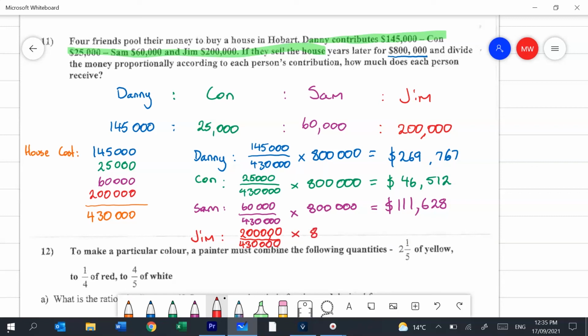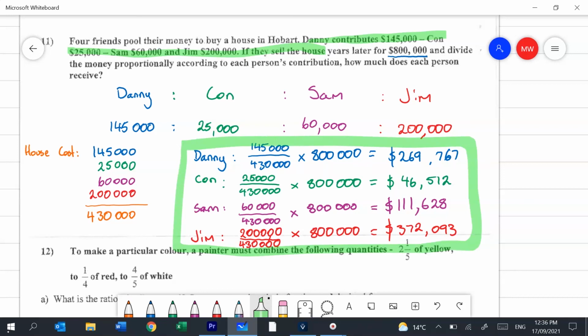If we multiply that by the 800 that they sold it for, he's entitled to $372,093. And that's been divvied up. And so our final answer is quite big, but it's this here, okay? So this is what each person is entitled to.